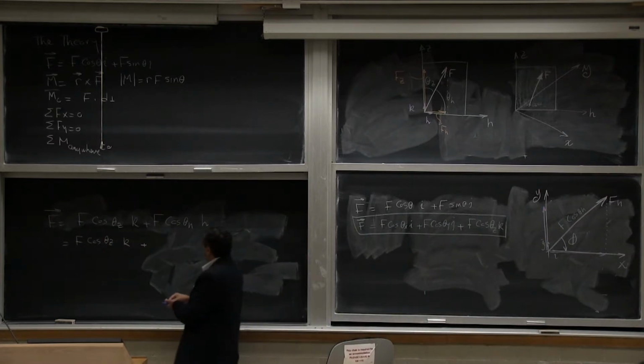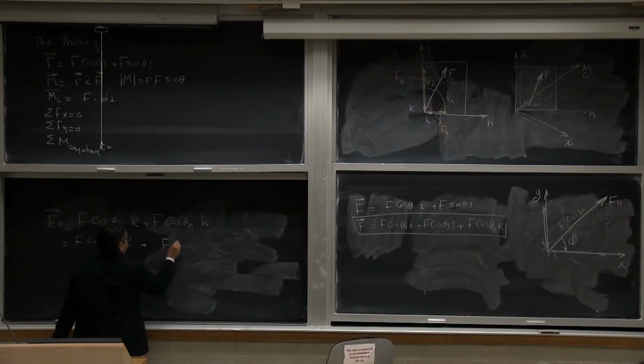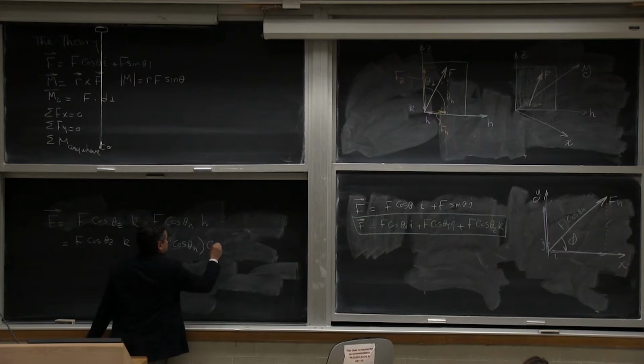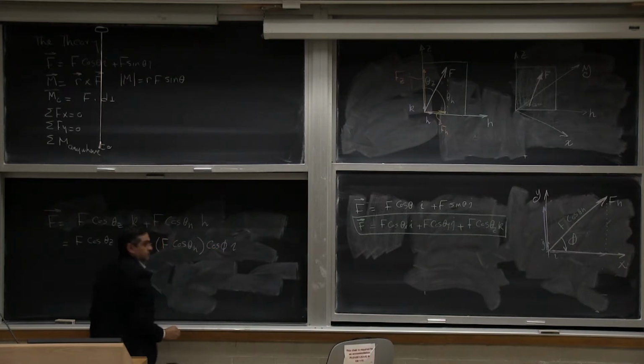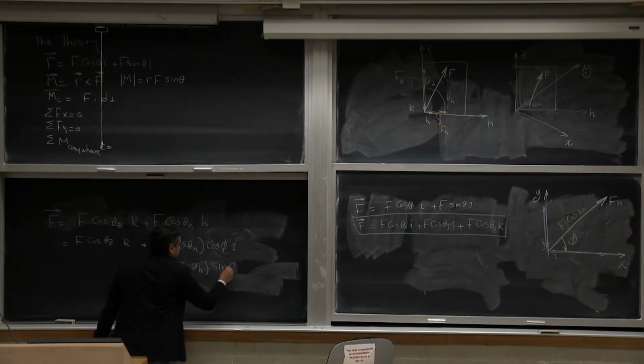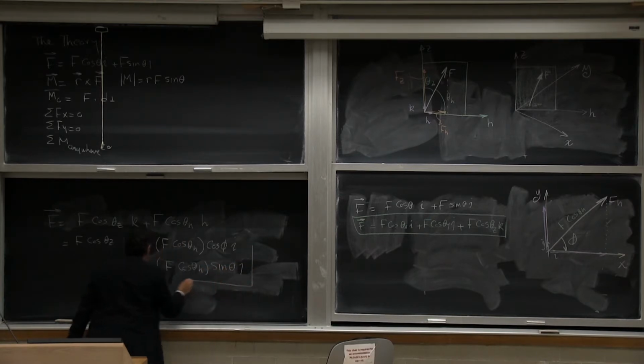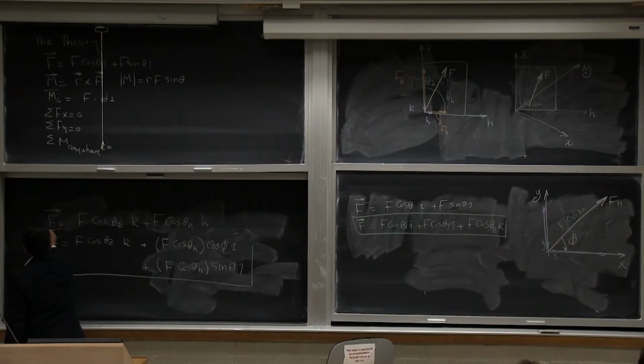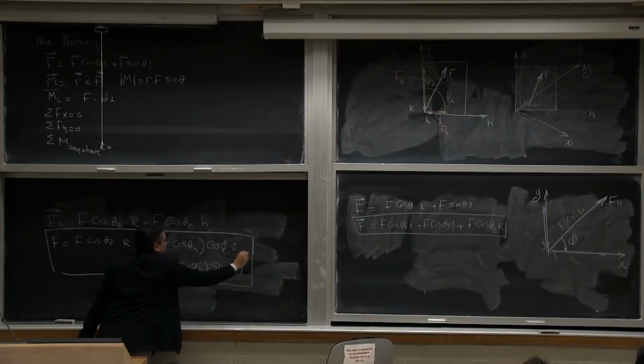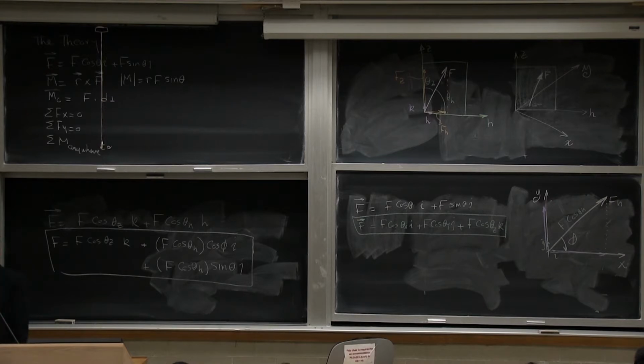So I'll say the component is the force F cos theta_h cos phi i plus the force F cos theta_h sin phi j, and this is the way I represent a force in 3D if I know the two angles, theta_h and phi.